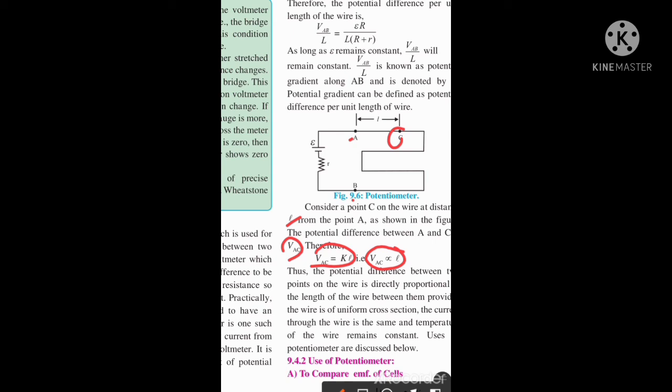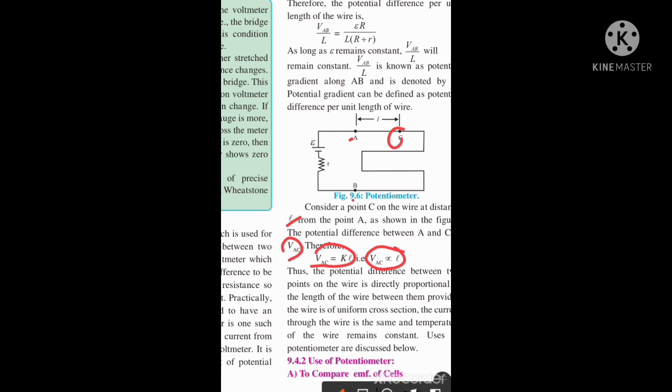What is the principle of potentiometer? The principle of potentiometer is that the potential difference between 2 points on the wire is directly proportional to the length of the wire between them, when and only when the current through the wire is the same and the temperature of the wire remains constant. That is the condition.